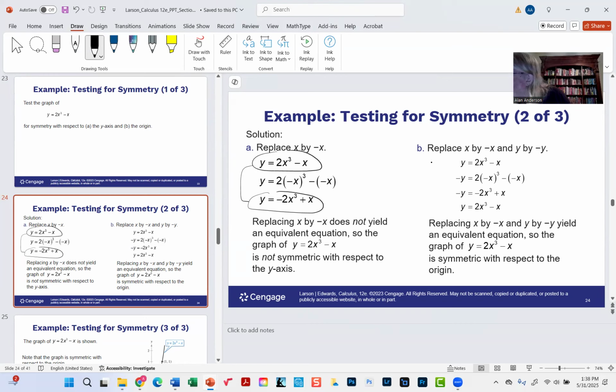And so what that means is that we do not have symmetry with respect to the y-axis.